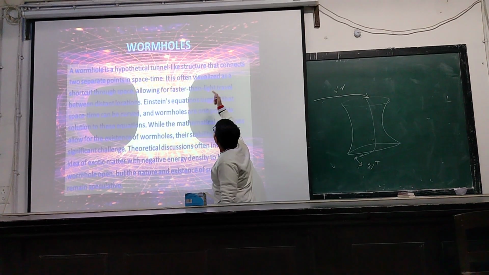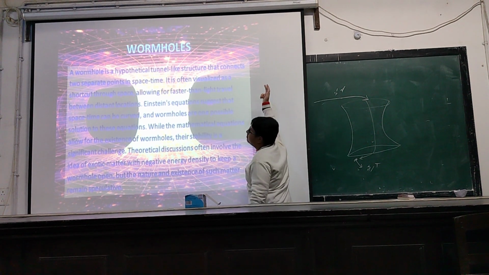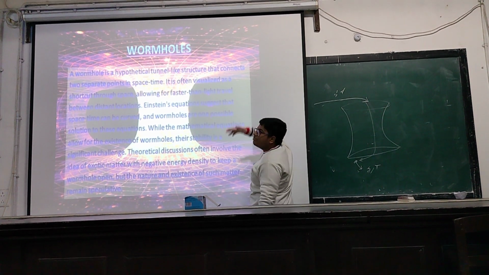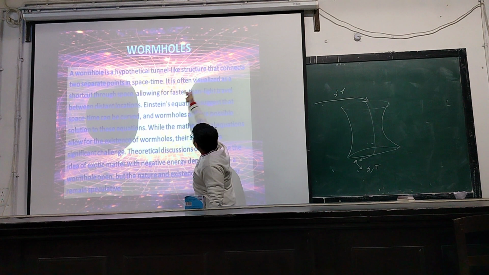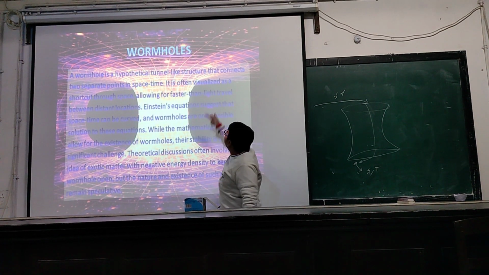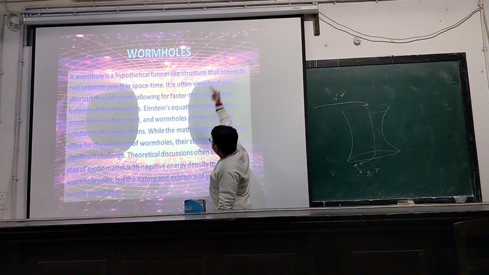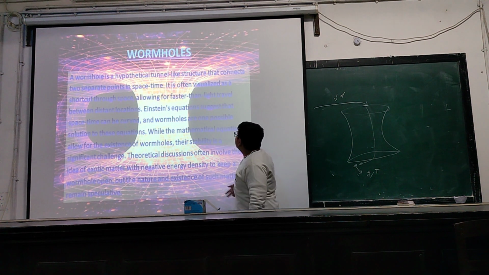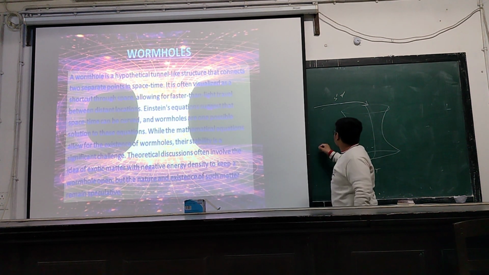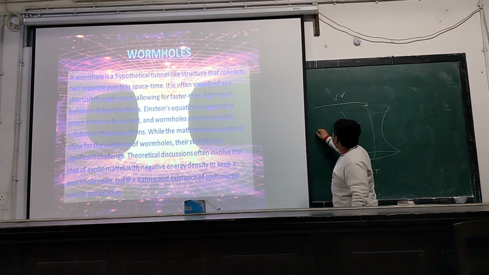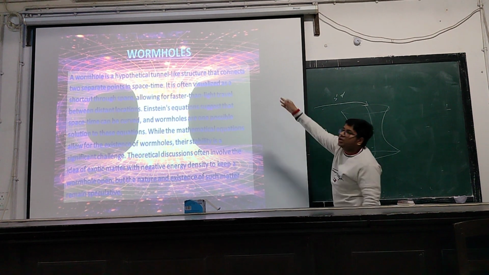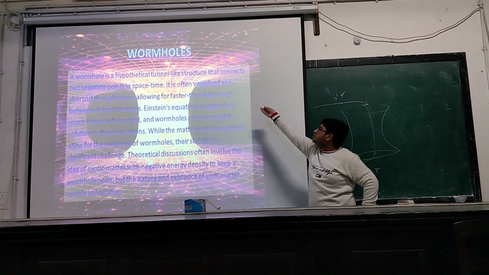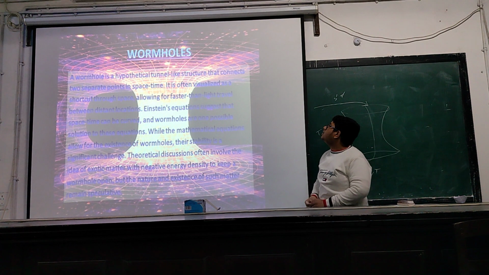But because of the wormhole, if the speed of the particle is comparable to light, it comes from here. So the time taken for the particle to come from here to here is less, which is a result of time dilation and length contraction because of the speed of the particle.